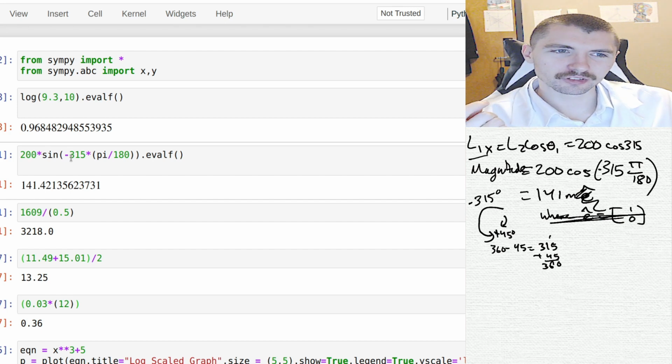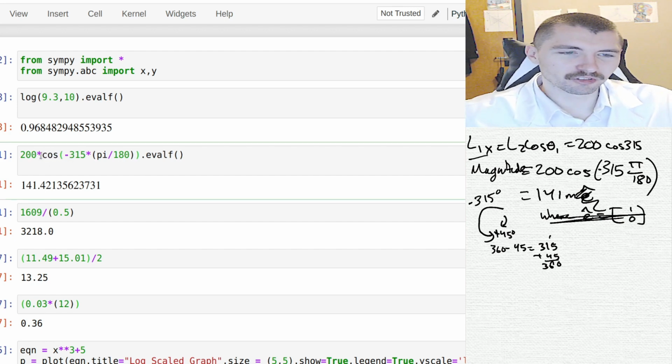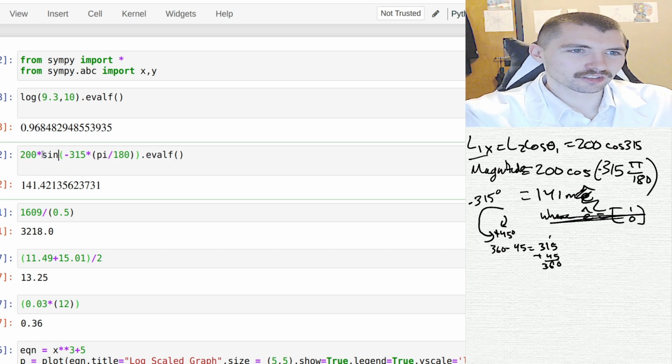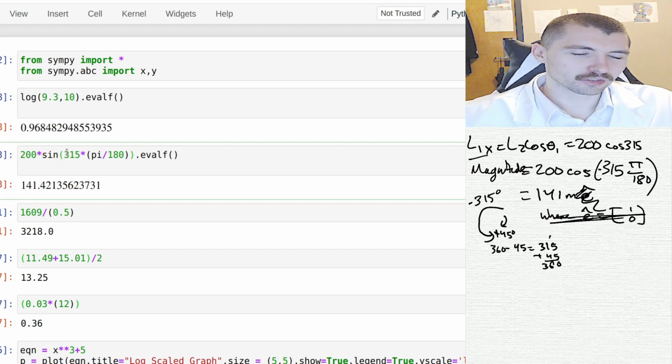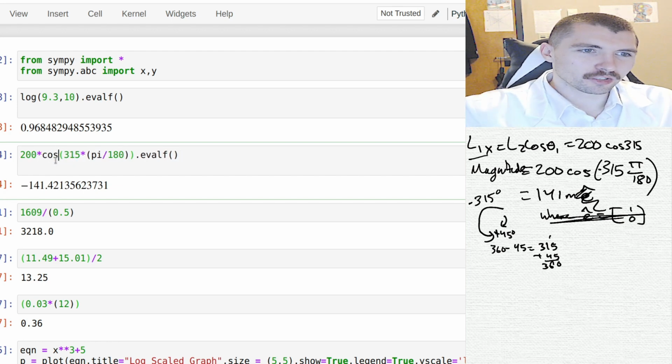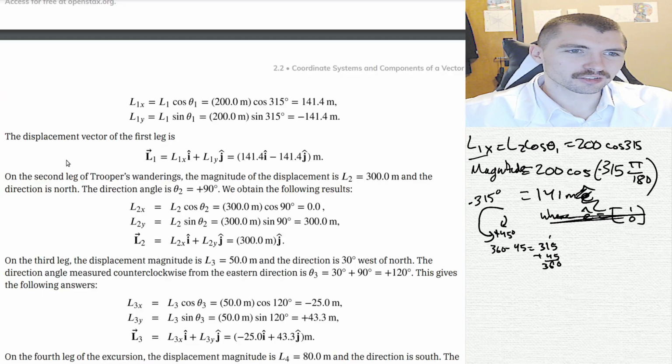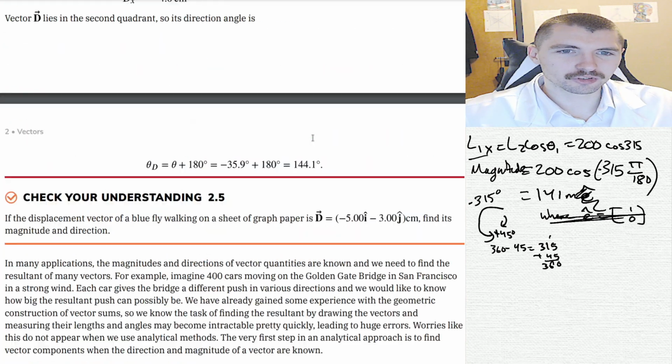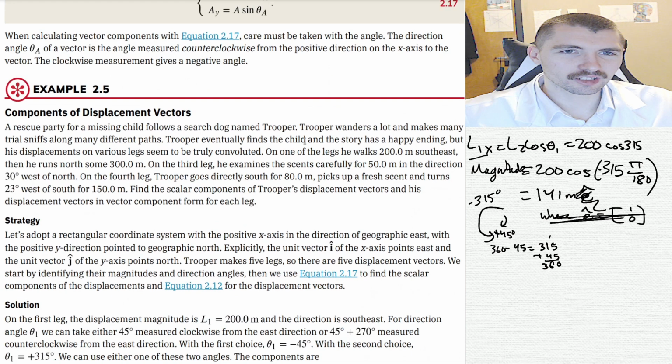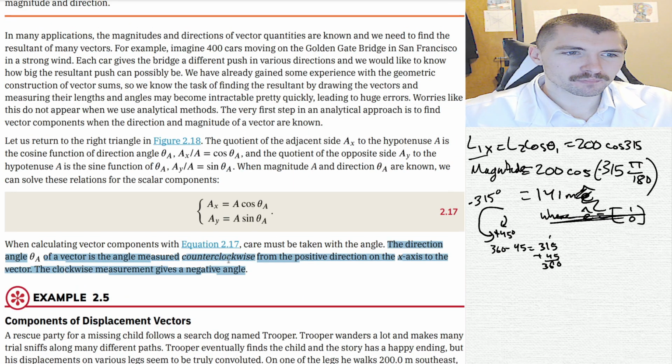If you use a negative degree, you get a slightly different answer than what the book gives. So I think the book might be wrong here. If you're using positive, then you get the book's answer, but according to the book, it's supposed to be negative angles. Clockwise measurement is given as a negative angle.